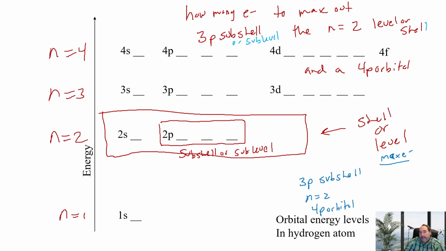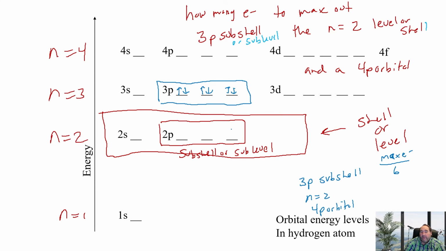Okay, let's take a look. So here's the deal. We're going to start with the 3p subshell. So 3p subshell is all of these guys together. So that is 1, 2, 3, 4, 5, and 6. The answer would be 6 electrons if you filled it up completely.